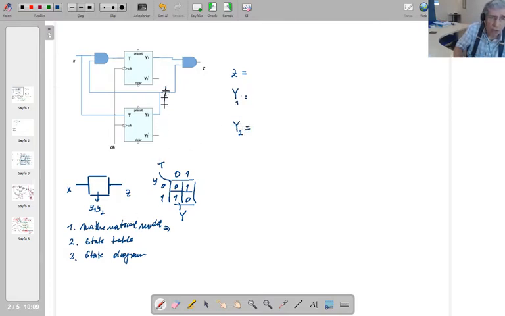For the Z function, I just look at the circuit. This is y1 and this is y2, so Z is equal to y1 times y2, isn't it? So I write y1, y2.